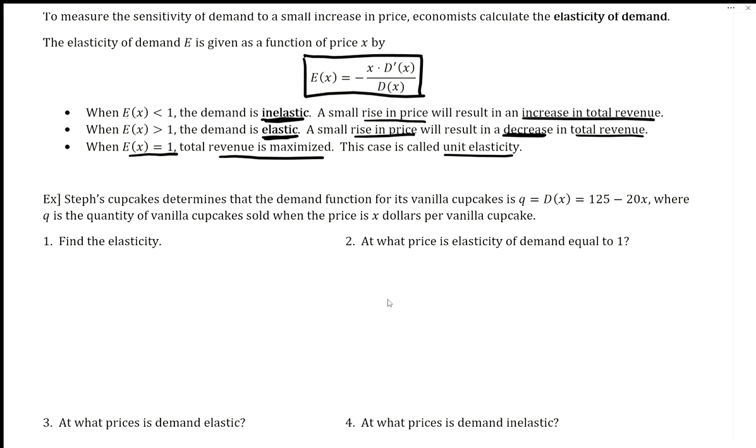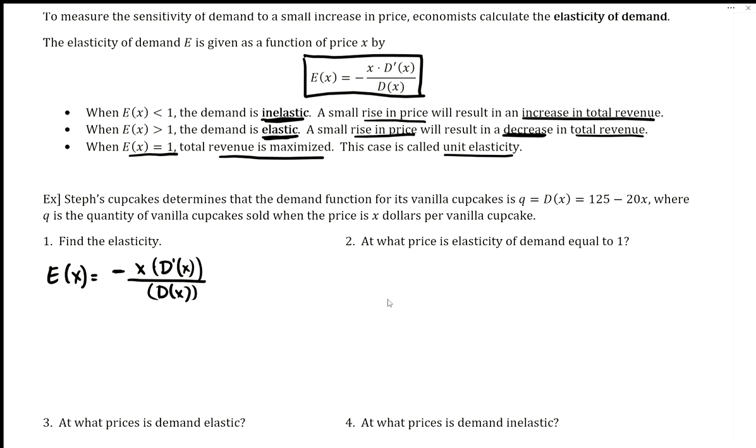I'm going to write it out here: E of x is negative x times the derivative of demand over the demand. One way I think of it is like the logarithmic derivative, where the demand function is down below and its derivative is up top. But we do have to remember the negative x in the front.